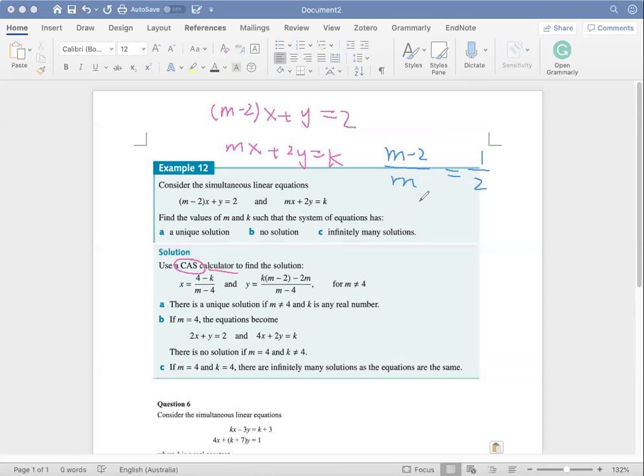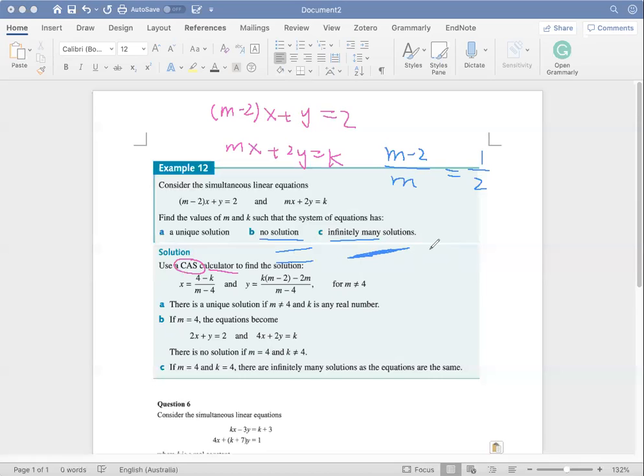If this ratio is true, it means these two lines are always parallel. Once it's parallel, it can be no solutions, or infinitely many solutions, which is exactly the same line twice.